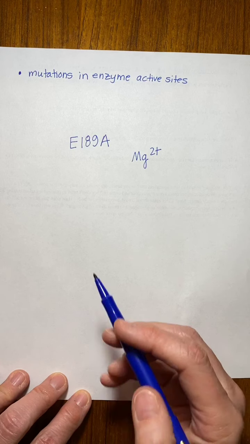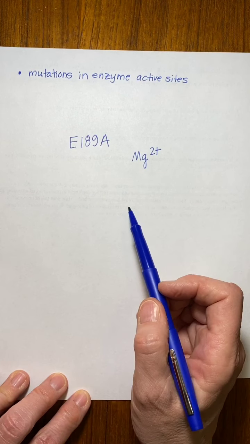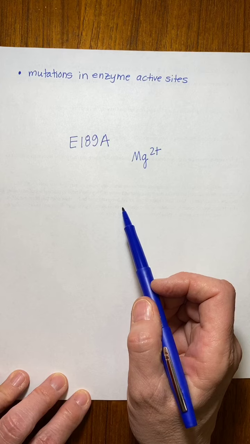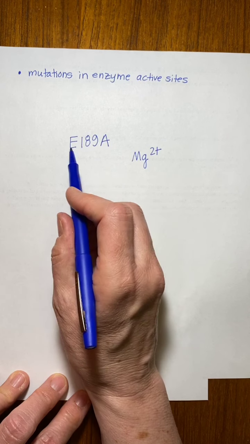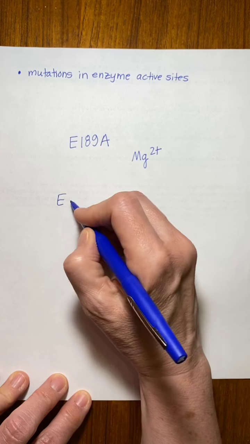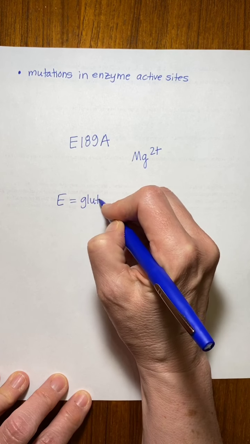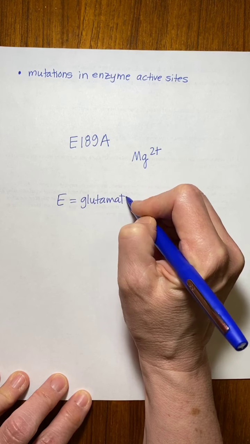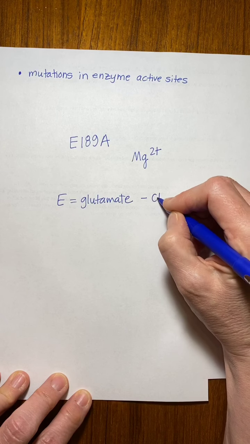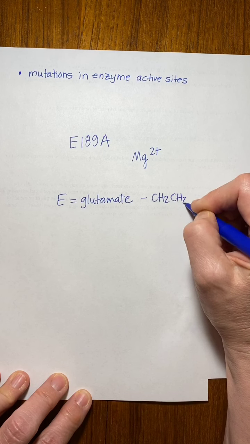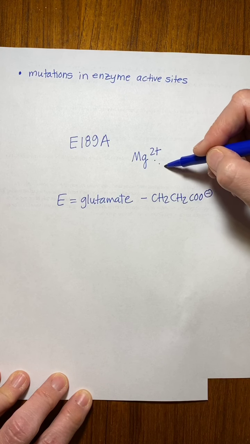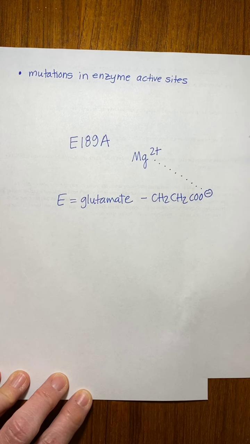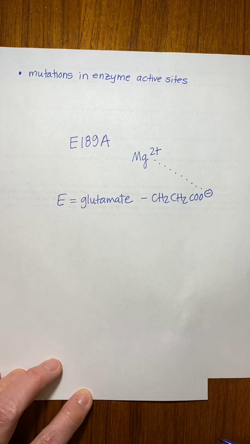The question asked, if you did this mutation, would the enzyme be less active or more active? First of all, you have to figure out what amino acids we are dealing with. E stands for glutamate. You don't have to worry about memorizing that because you can just look that up. The side chain for glutamate is a carboxyl group. It's one of the acidic ones. And it makes perfect sense that that would coordinately bond to a positively charged magnesium ion.